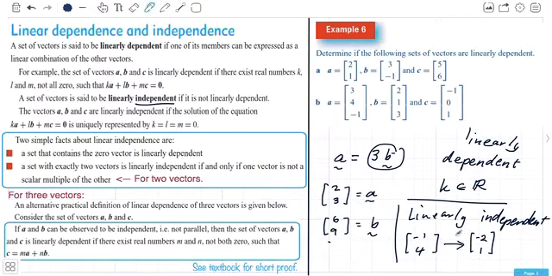There's no way that I can get from here to here by multiplying by some number, because I can't. So these two column vectors would be linearly independent.